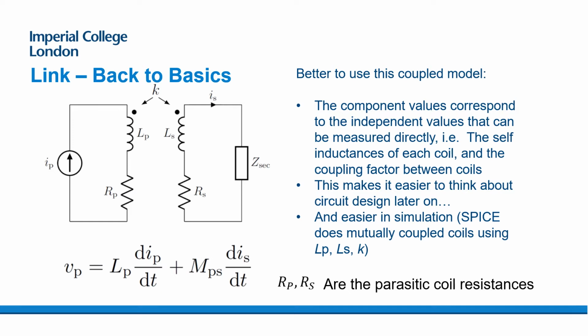That is very beneficial, because they're things you can measure directly in the laboratory, and they are component parts that go into your circuit architectures. It's also easier to model in SPICE, because this coupled model of inductance is the way that you input data into SPICE for modeling this type of circuit.